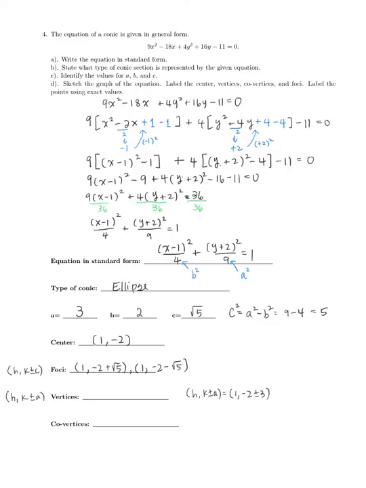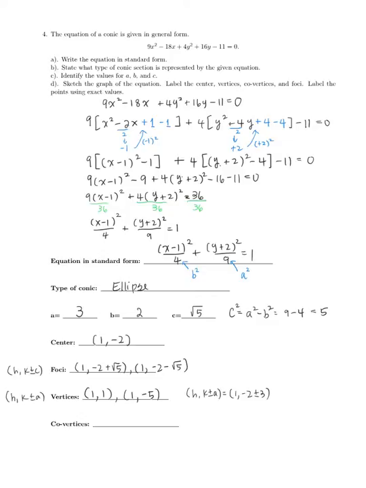So let me just write the answer down here. It looks like (1, -2 + 3) is (1, 1), and then (1, -2 - 3) is (1, -5).